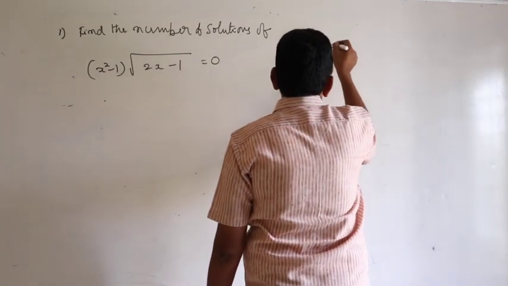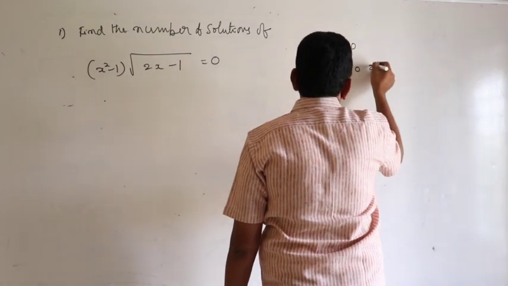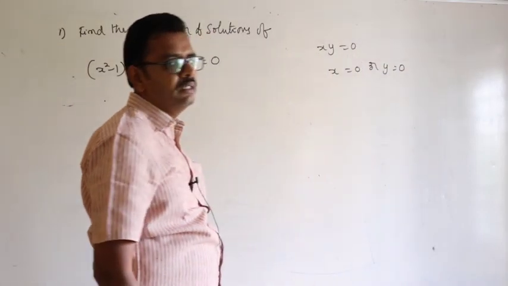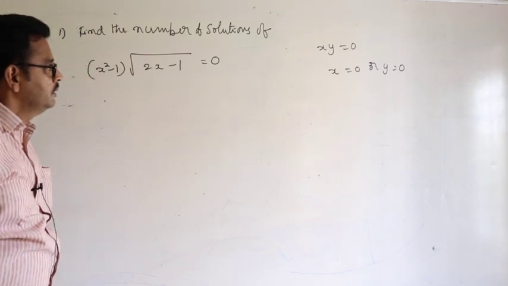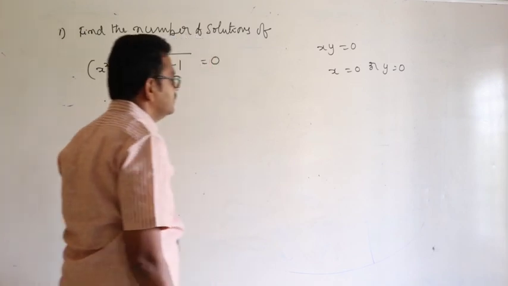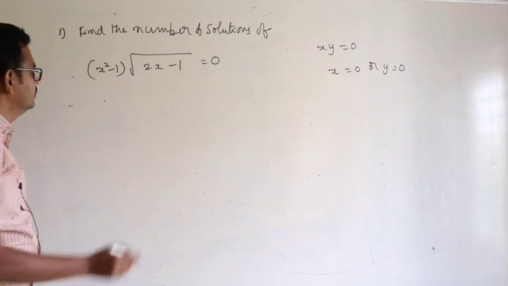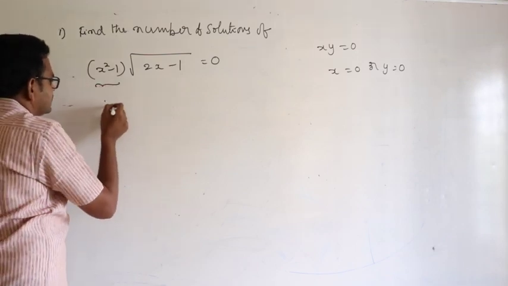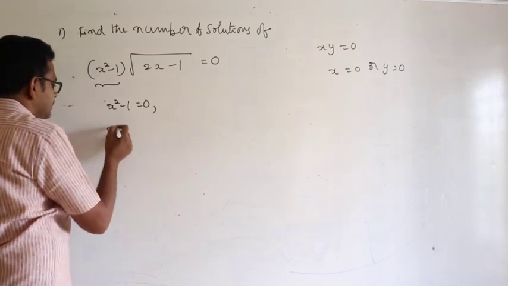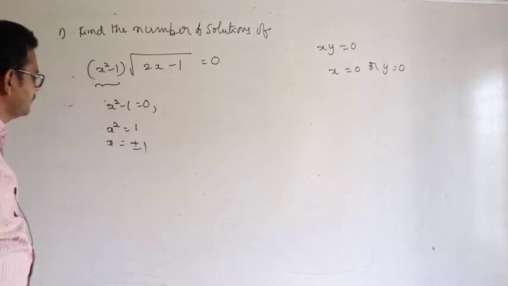See here, xy equal to 0 means either x equal to 0 or y equal to 0, or both x and y are zeros. So, here x square minus 1 is equal to 0, x square is equal to 1, x is equal to plus or minus 1.